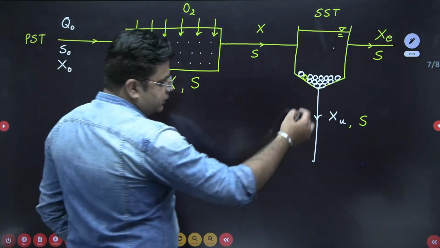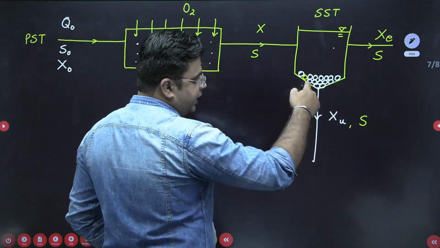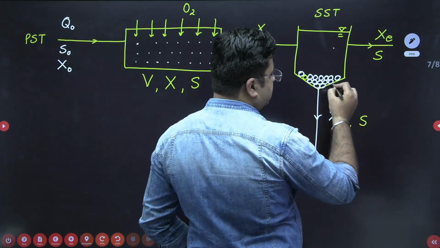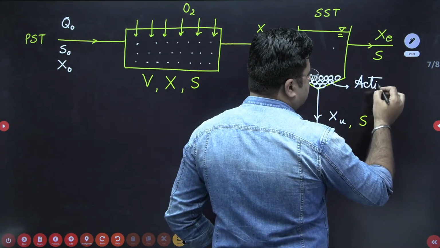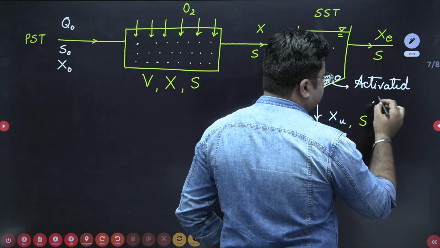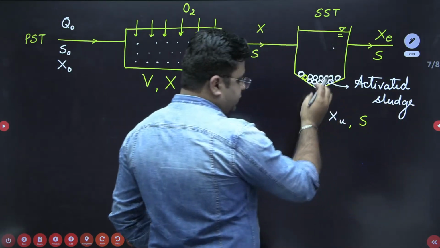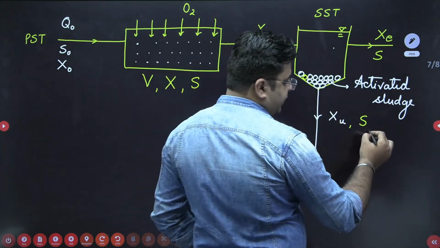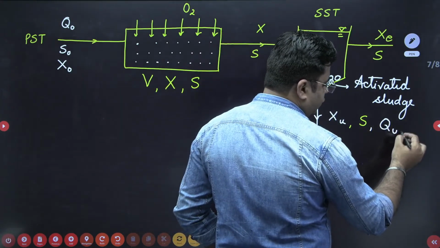Now this sludge which is taken out from the secondary sedimentation tank is my activated sludge. So I'll write here, this is my activated sludge. The discharge of this activated sludge taken out from the secondary sedimentation tank is QU.